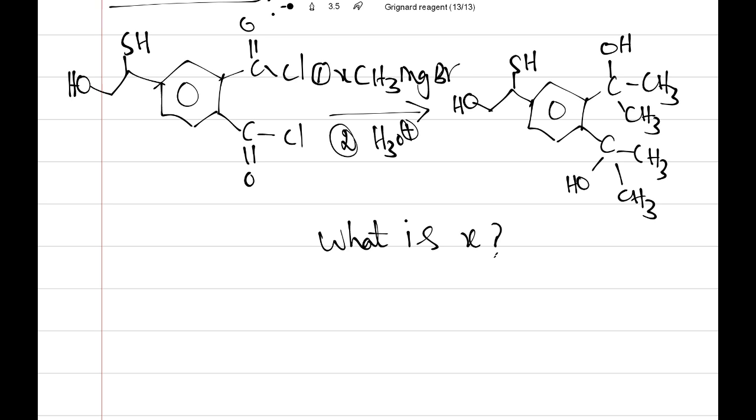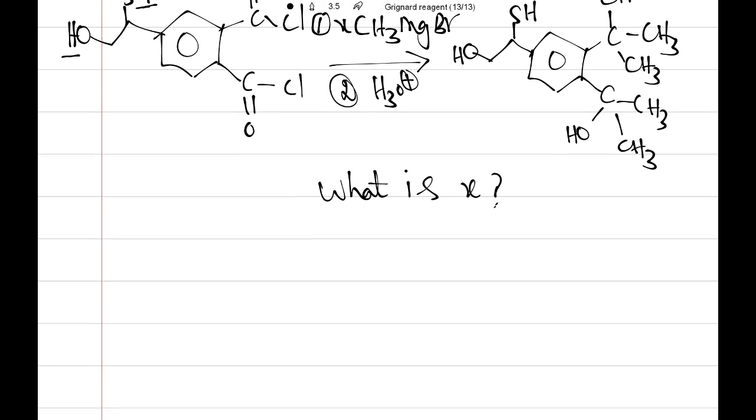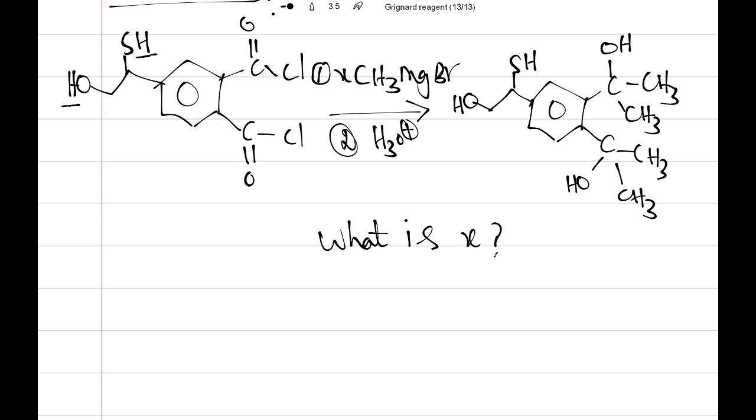As a base, it takes the acidic proton. Here we have acidic protons, one is the thiol, the other is the alcohol. So first 2 moles of Grignard reagent are used to remove the proton from the alcohol and thiol.